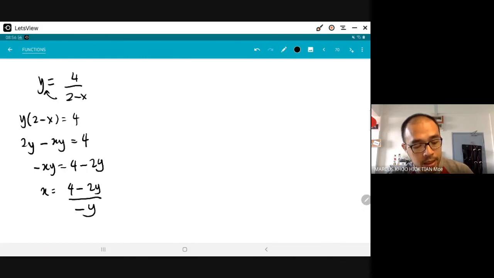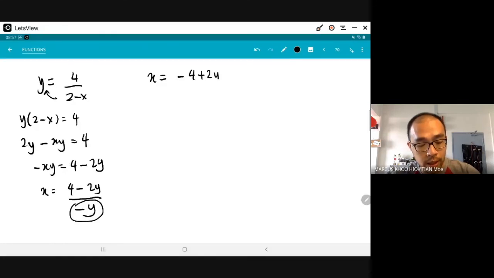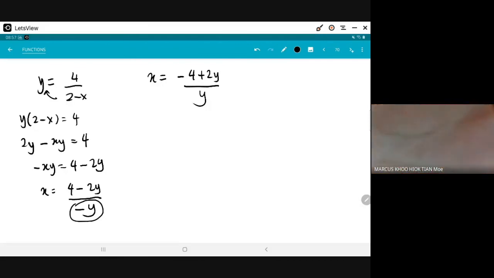Tapi ini masalah sebab di bawah tidak boleh sama dengan negative y. Kalau kamu mau jika di bawah sama dengan negative y, you have to change lah. x equals to minus 4 plus 2y over y. Okay, minus 4 plus 2y over y.